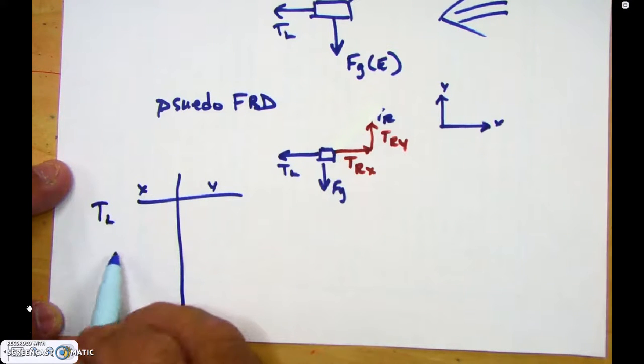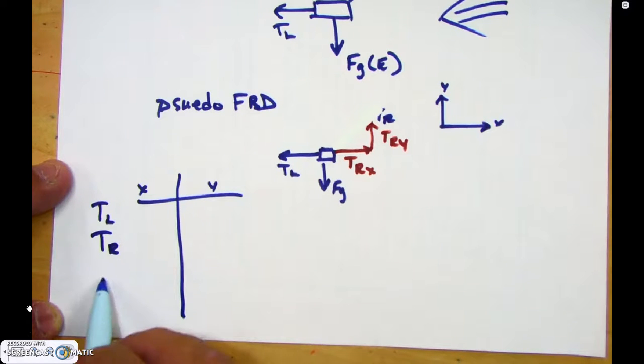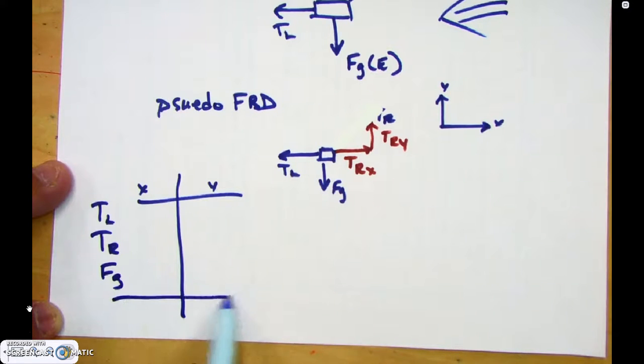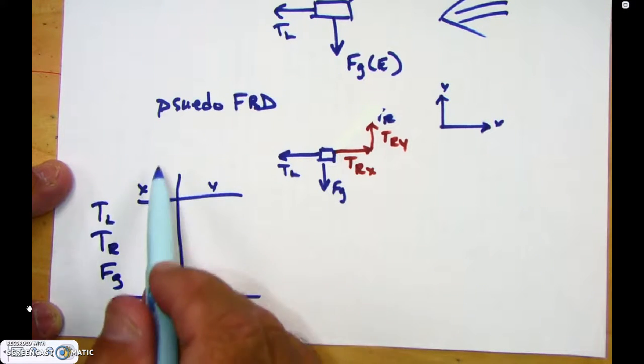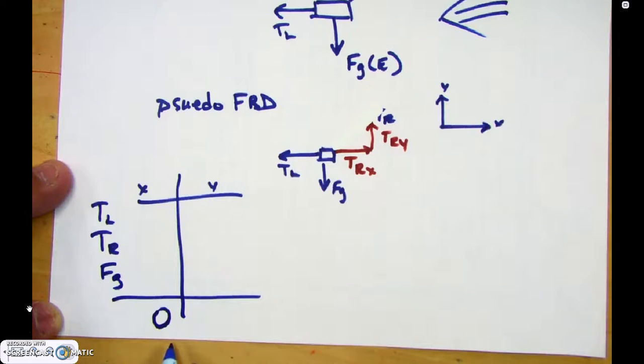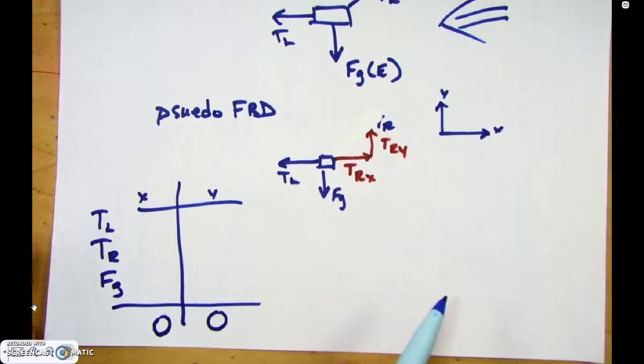I have TL, I have TR, and I have FG. Those are the three vectors. The important thing to understand is this column has to add up to zero, because we're going to sum up these forces, and they have to add up to zero because the object is at constant velocity. This side also has to add up to zero. It's not accelerating in any direction.